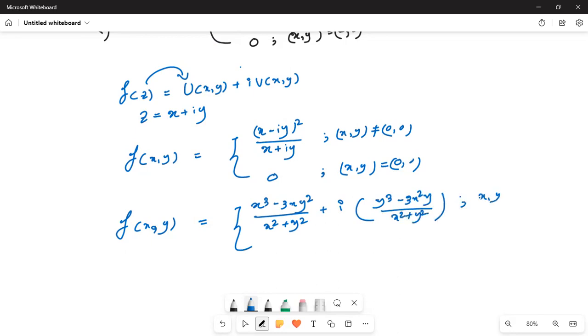Here (x, y) is not equal to (0, 0). This is just 0 otherwise.